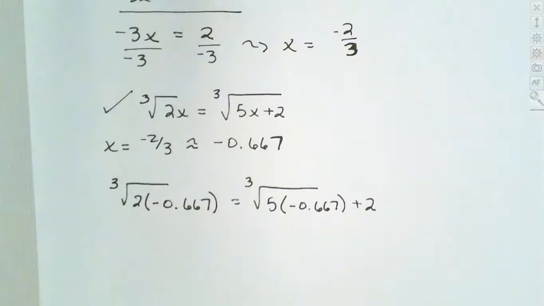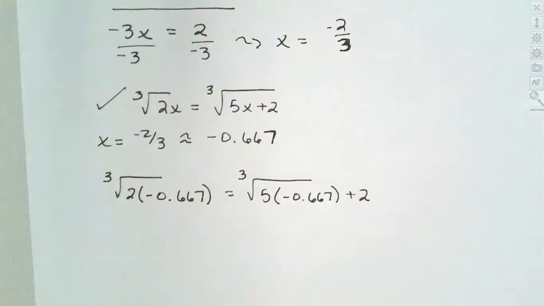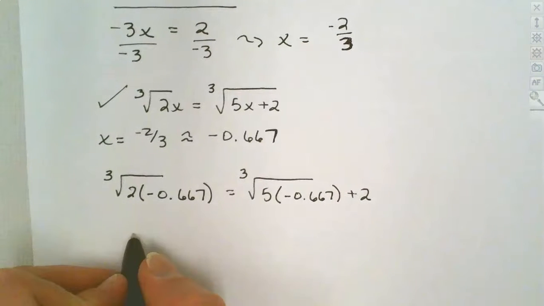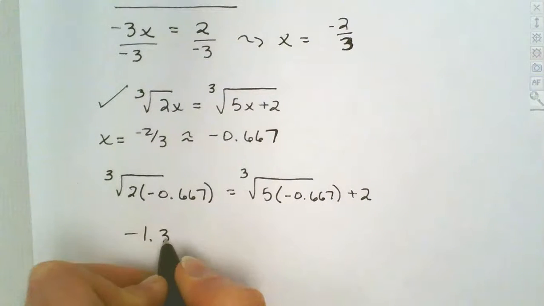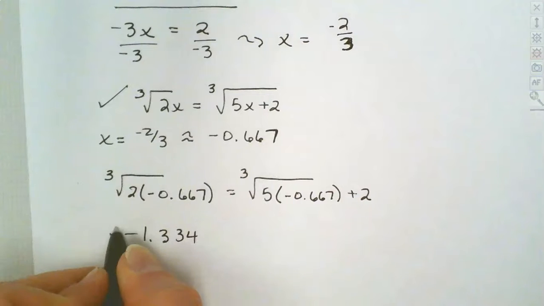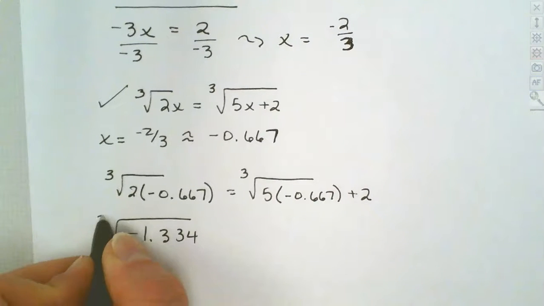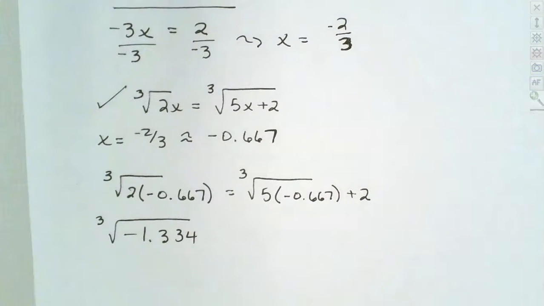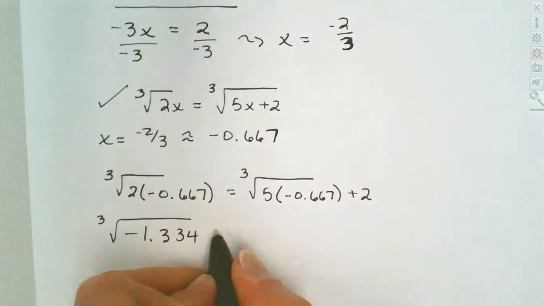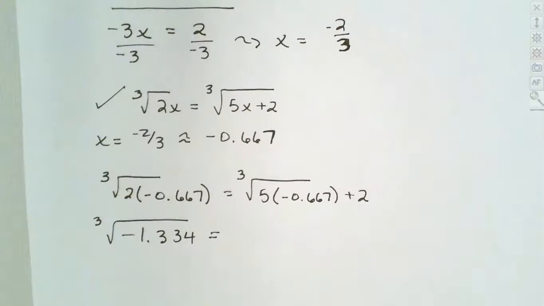Okay, so let's go ahead now and work on the left-hand side. So we've got 2 times a minus 0.667 when we round. That comes out to be a minus 1.334. The other side should be the same. Don't worry about taking that cube root. Just make sure the sides are the same.